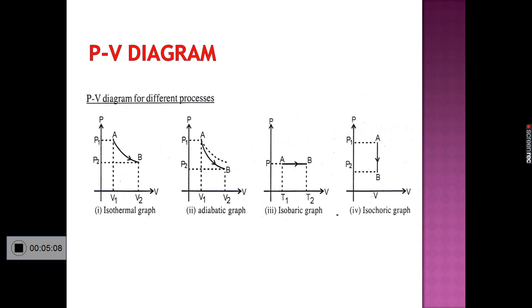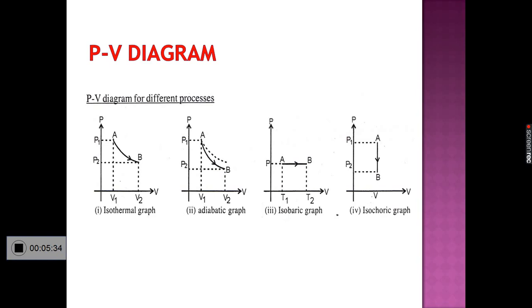Look at the first diagram. It is the isothermal PV diagram. PV diagram for isothermal process. Pressure is on y-axis, volume is on x-axis.